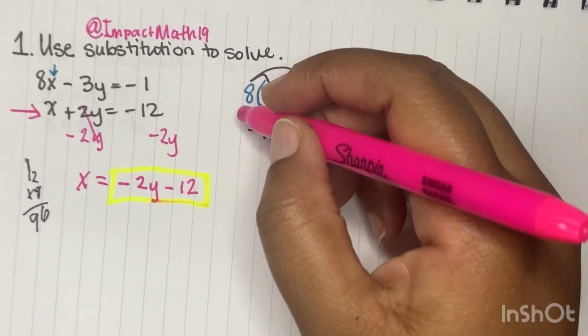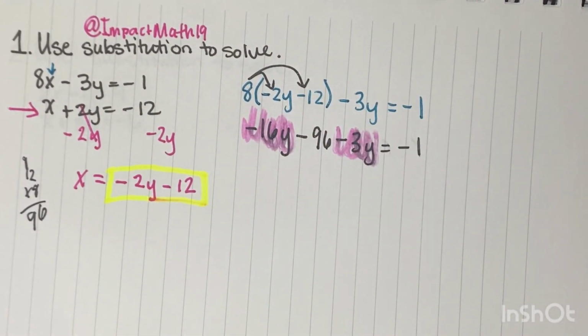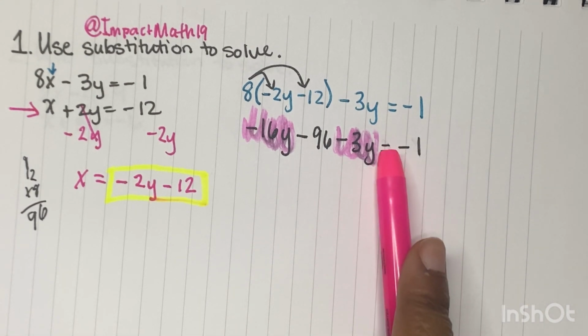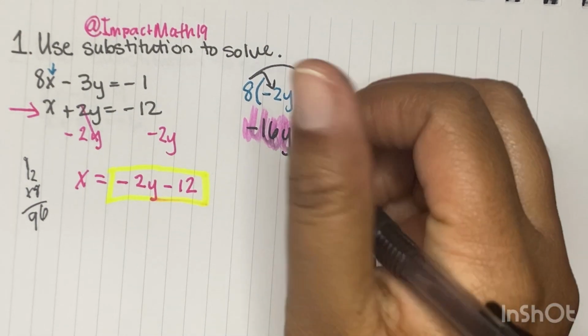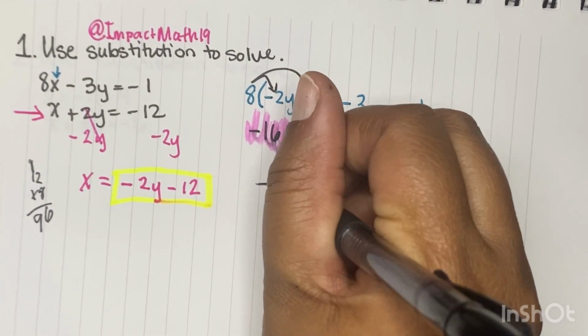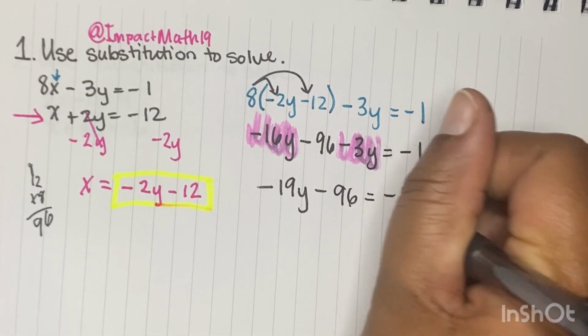Now we have some like terms here. We have a negative 16y and we have a negative 3y that we can combine because they're on the same side of the equal sign. So we can do negative 16 minus 3. Then we're going to get negative 19y minus 96 equals negative 1.